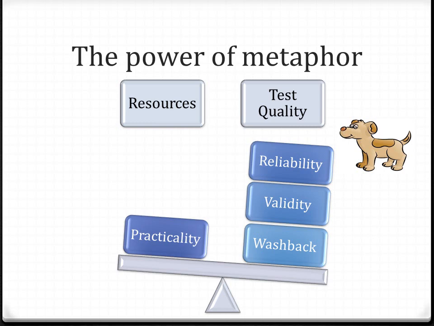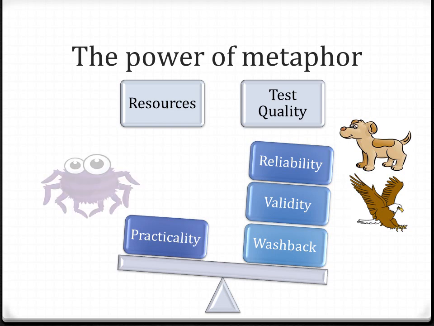And typically, classes will say that the dog represents reliability because our dogs are so consistent. One group thought of the eagle for validity because the eagle can spot a target from far away and hone in right on it. Practicality is represented by the humble spider who can catch her own food just using the resources she has.